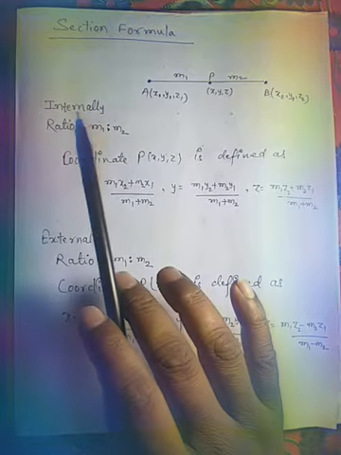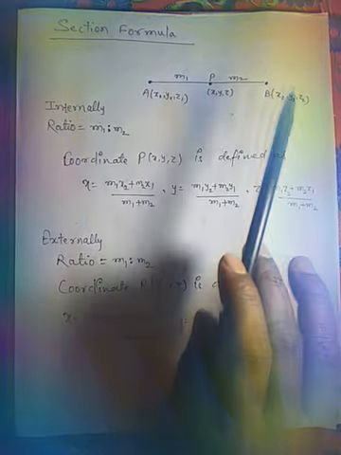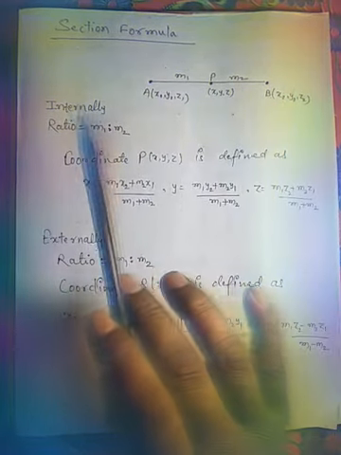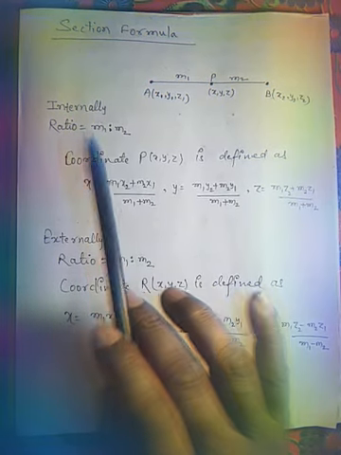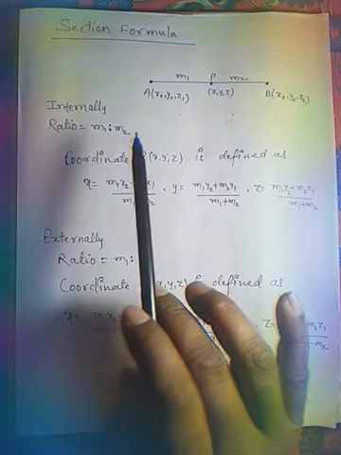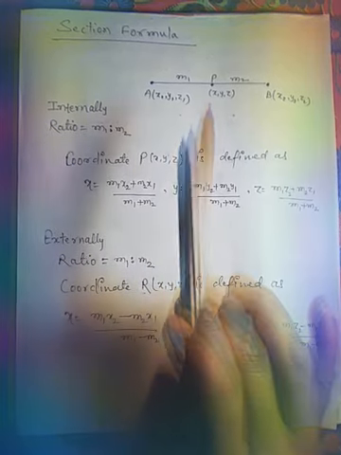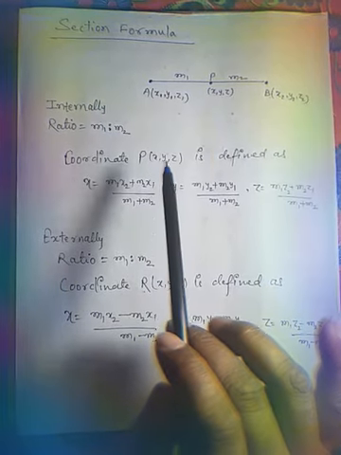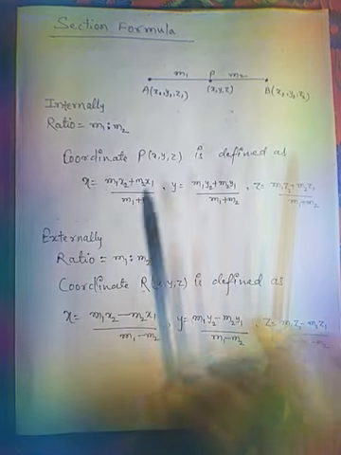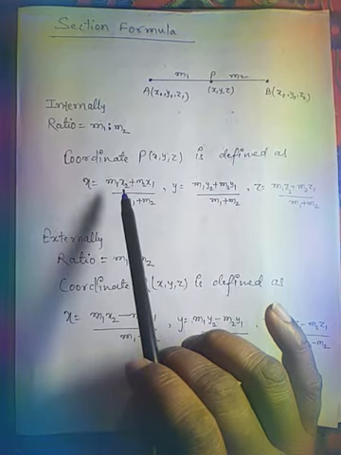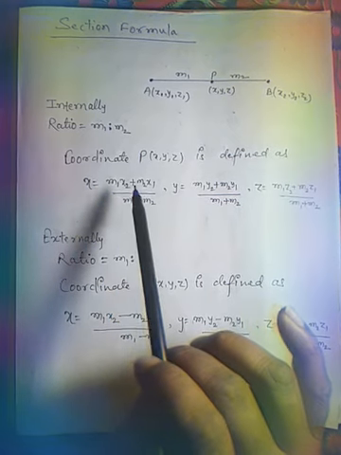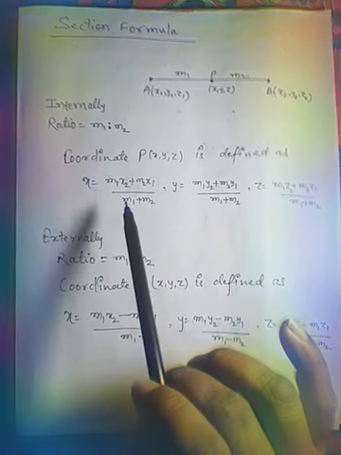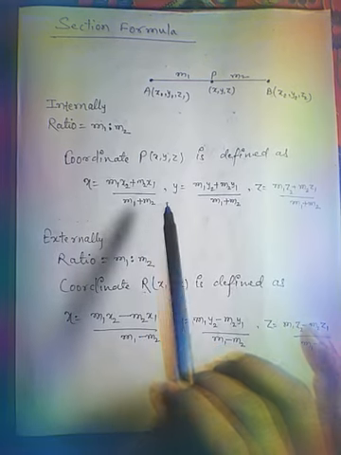If the line segment AB is divided internally in the ratio m1 is to m2, then the coordinate P (x, y, z) is defined as: for x coordinate, (m1 x2 plus m2 x1) by (m1 plus m2).